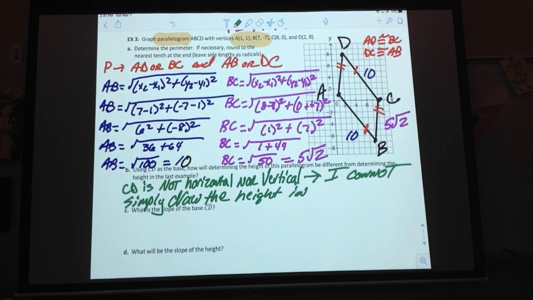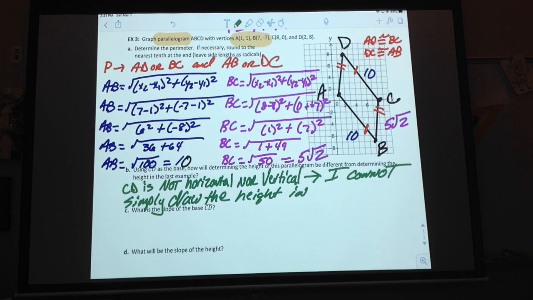The reason why is that neither DC nor AB in this case are vertical or horizontal lines. So I can't simply draw a height from A to DC or from B to DC. And really I'm going to use it from A, I do believe. And we're going to go from there. Okay?